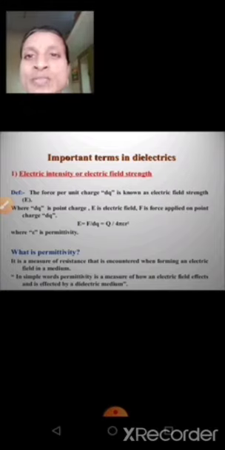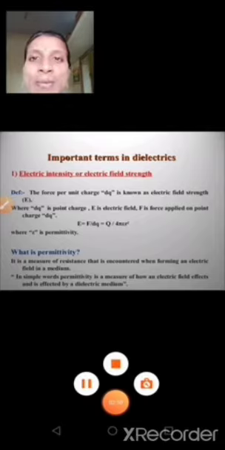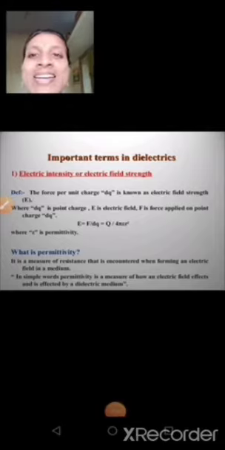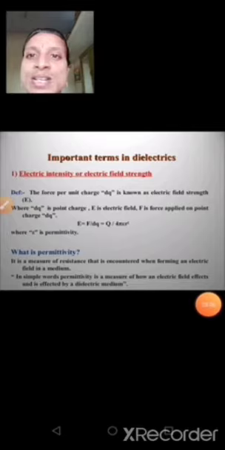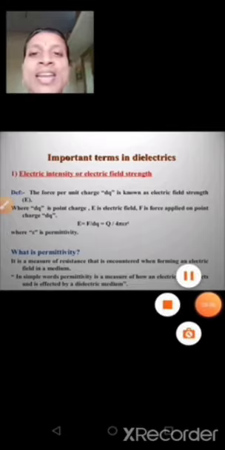We know the most famous formula, F is equal to EQ. So E is equal to F by Q, and according to Coulomb's law, we represent it as Q by 4 pi epsilon r square. Here epsilon is the permittivity. Permittivity is the ability of a medium to transmit electric force lines. Electric force lines always transmit from positive charge to negative charge.